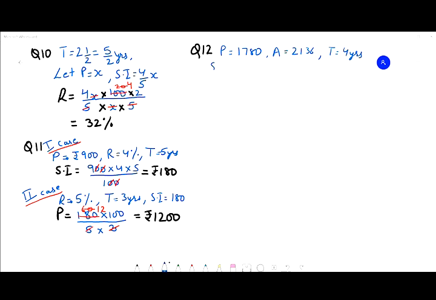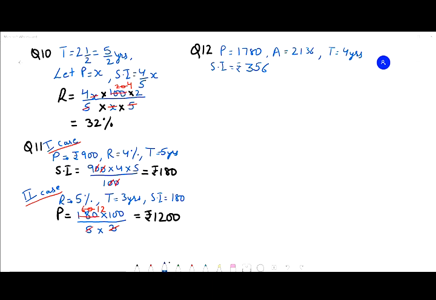Now SI will be, by subtracting these two, I'll get 356 will be my SI.